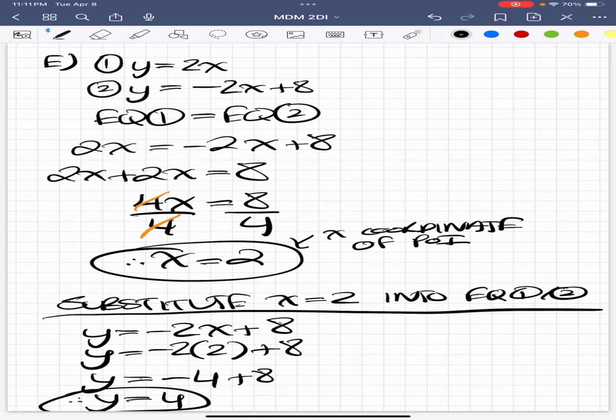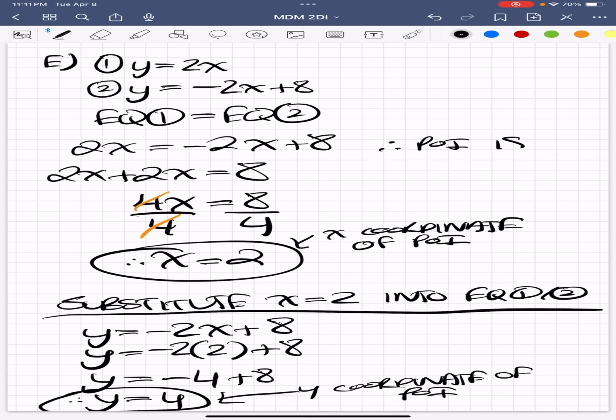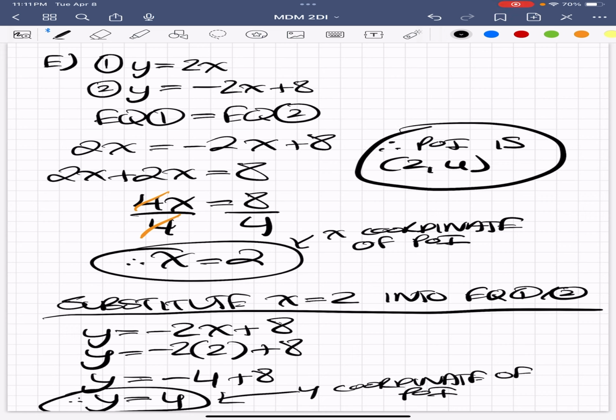And then y equals 4. So our point of intersection is 2 comma 4.